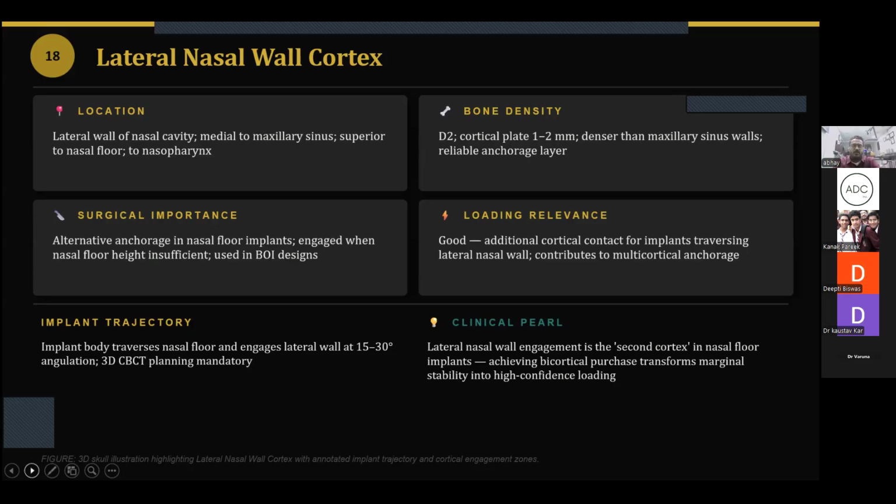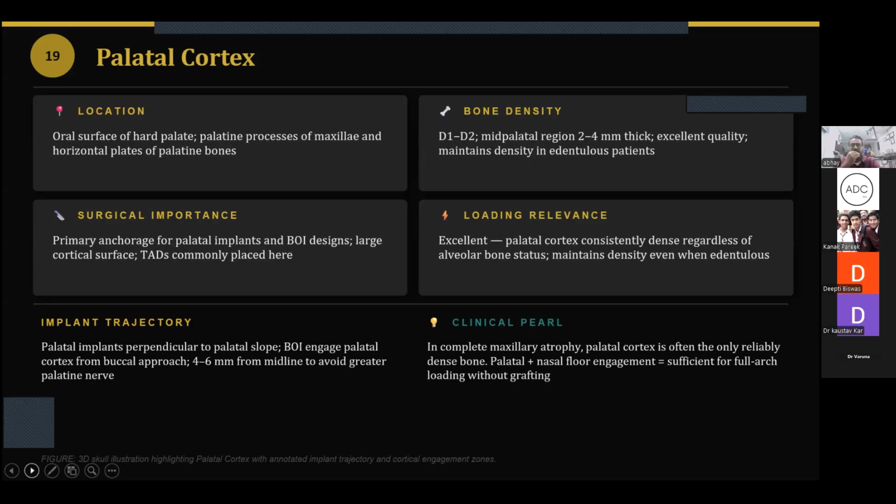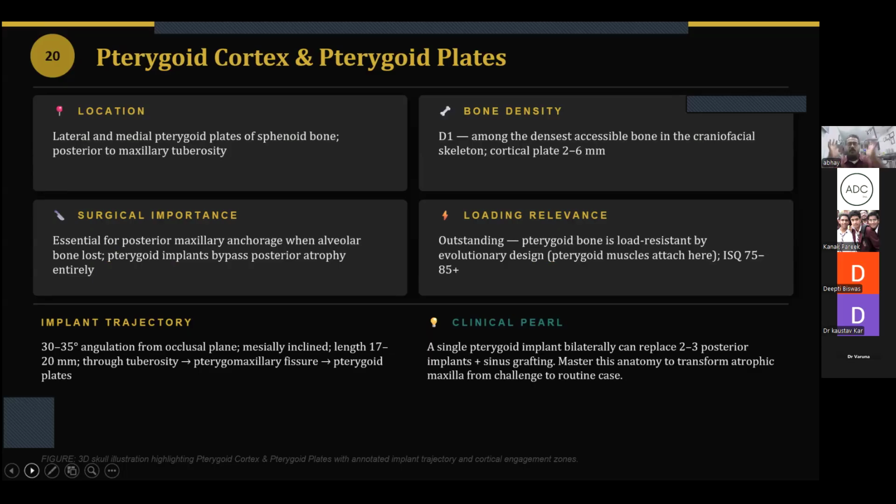Palatal cortex: we all know that when we extract a tooth, we go palatally so that we can engage that hard palate area. So that is also a cortical bone. The pterygoid cortex, okay. I've talked about the zygomatics. Now, when we do full arch rehabilitations in the maxilla, sometimes we are not able to place implants in the sinus area.